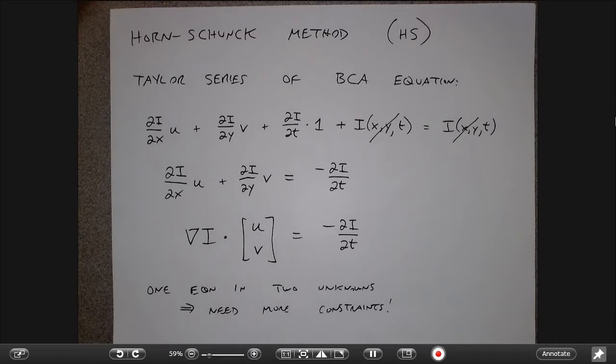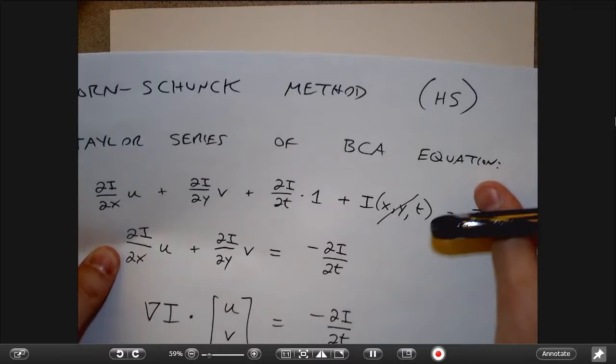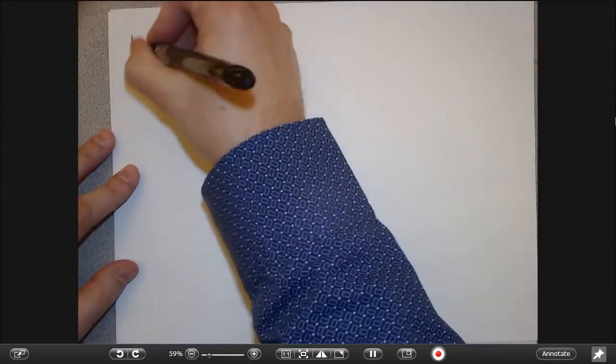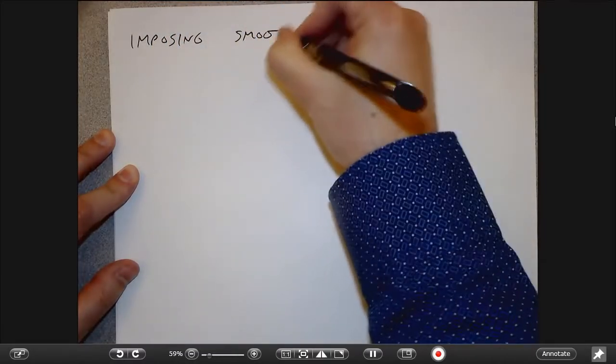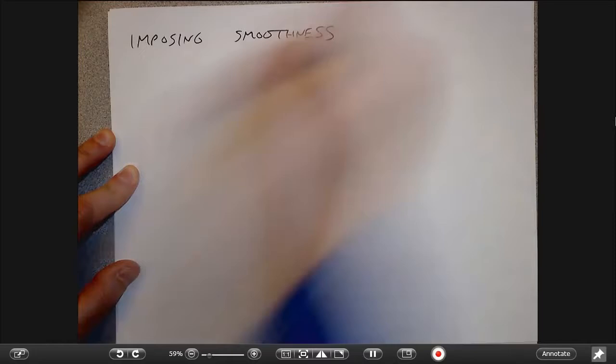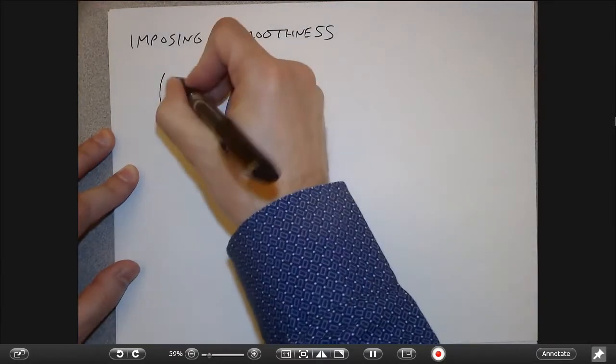And so what is our other constraint going to look like? Well, one thing we might want to do is impose smoothness. We might want to minimize something like this.